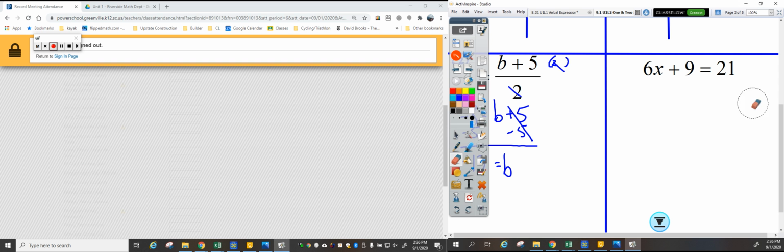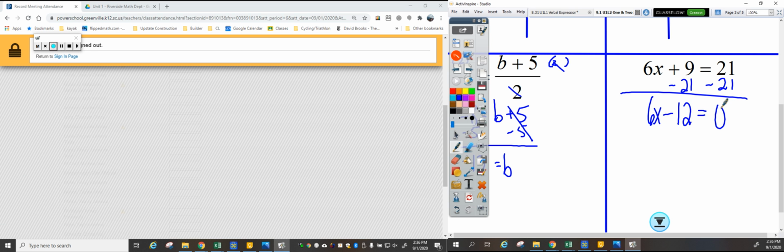All right, so the question was, what happens if I do this? Okay? So now we're down to 6x minus 12 equals 0. Oh, no, I still not. Because you got lucky.